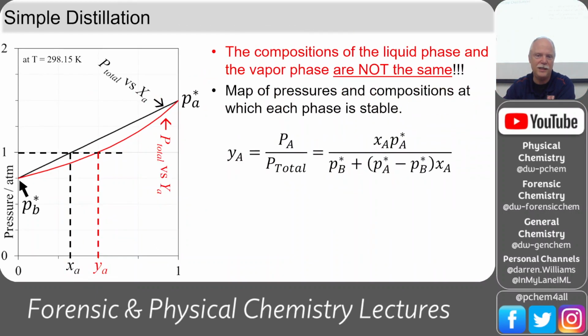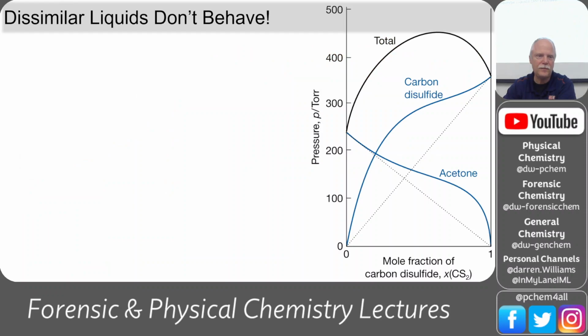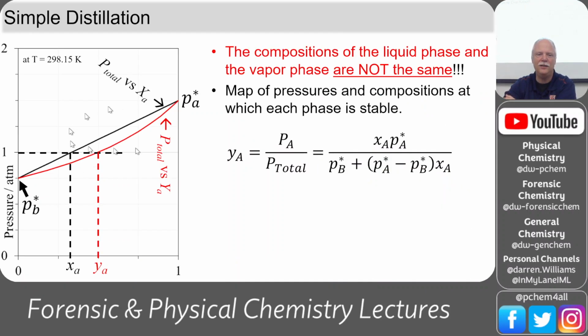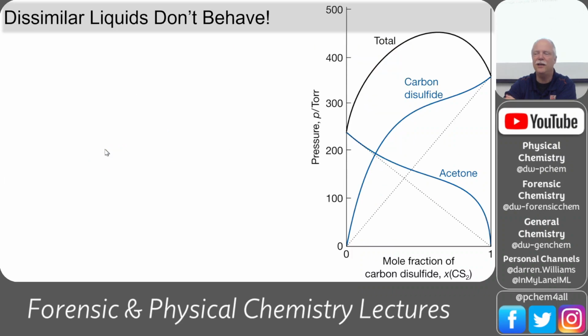Okay, so this is just restating the same thing, showing that you've got XA and YA at that 1 atmosphere point, and they drop down. Let's look at dissimilar liquids. So this is for ideal solutions. Let's look at non-ideal solutions. So this is carbon disulfide and acetone.